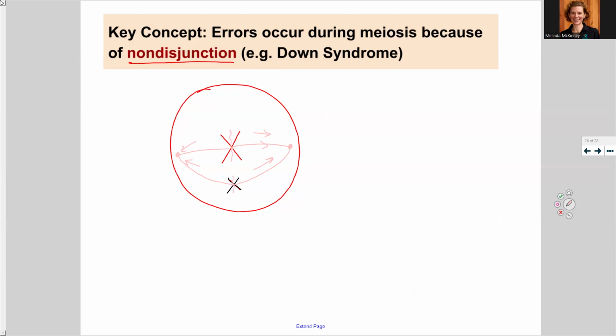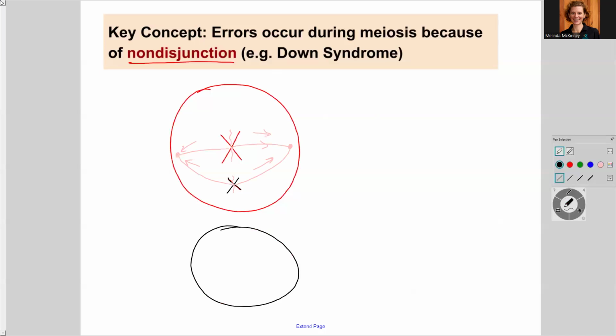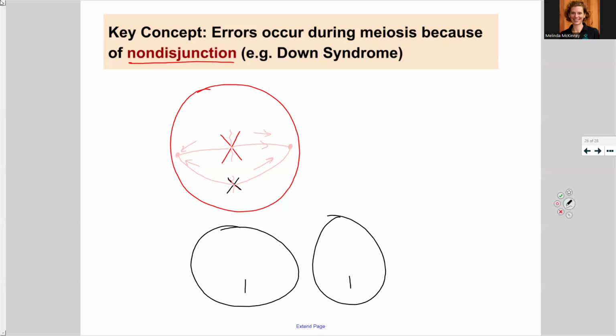Typically, that's what we expect to happen. And we get, in the two daughter cells, the small sister chromatids separated and the big ones. So that's what we would expect. This is what would normally occur.